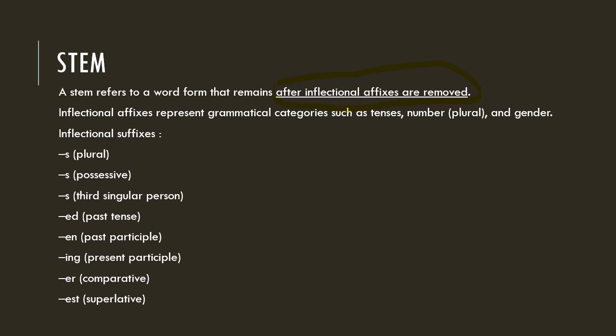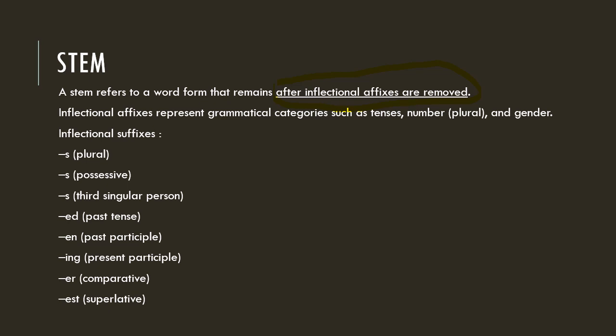Inflectional affixes in the sentence represent grammatical categories such as tense, number, and gender. There are eight kinds of inflectional affixes in English.